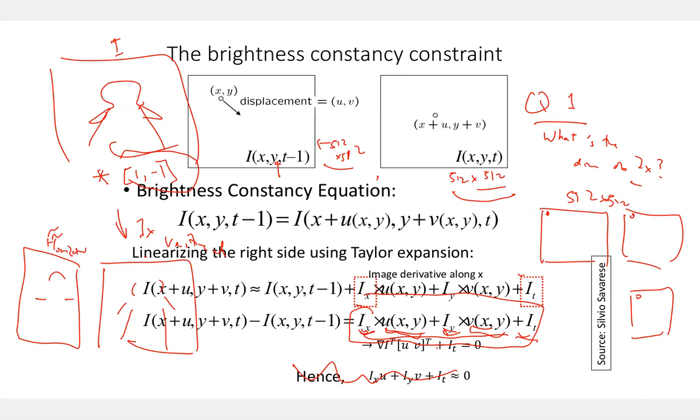If there's a 512 by 512 image here, I essentially have 512 by 512 equations. But how many variables do I have? U here is also 512 by 512.